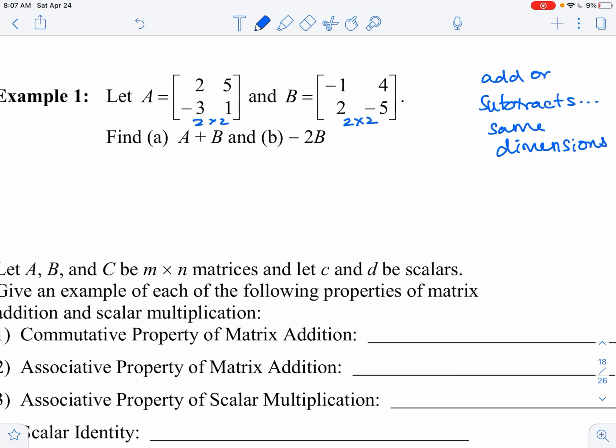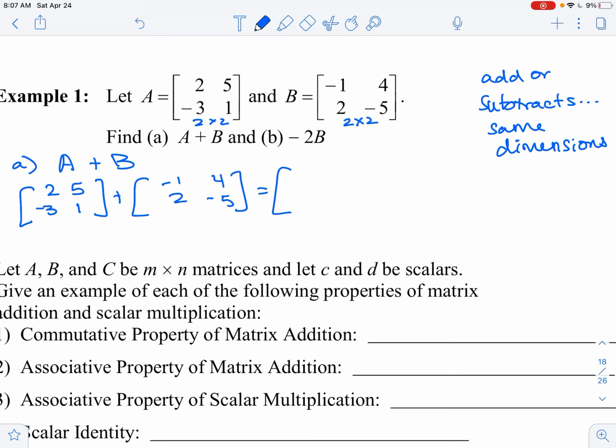So if I wanted to find matrix A plus matrix B, here's matrix A. So I'm just rewriting it and adding it to matrix B. And I'm going to add the corresponding values and put it back in the corresponding spot.